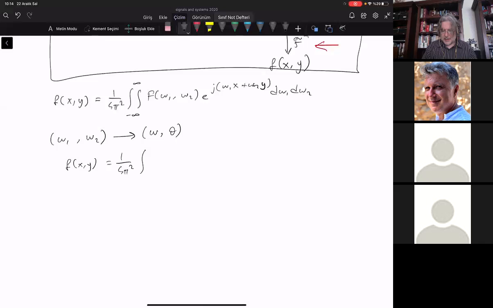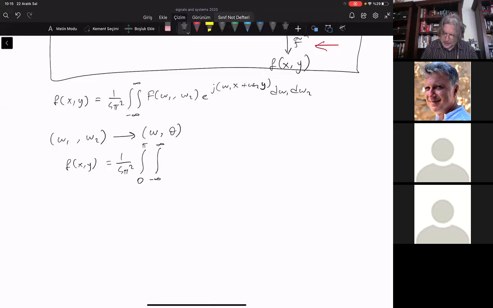This first integral will be tracing from 0 degrees to 180 degrees, so it's actually from 0 to pi in radians, of course. And for the other one, omega is ranging from minus infinity to infinity.